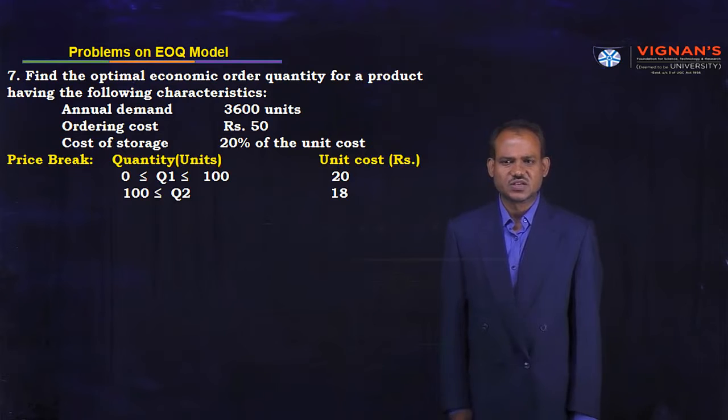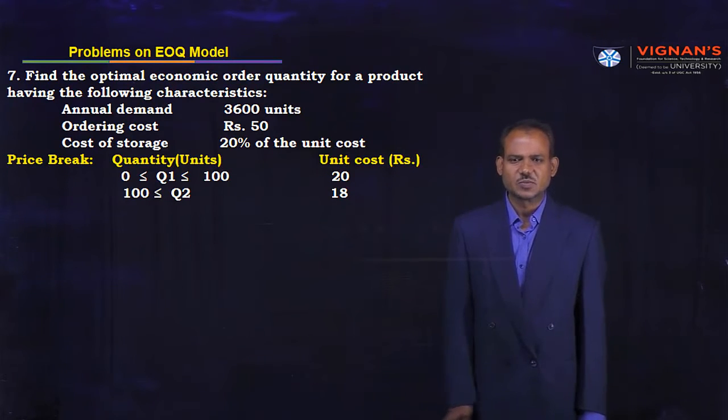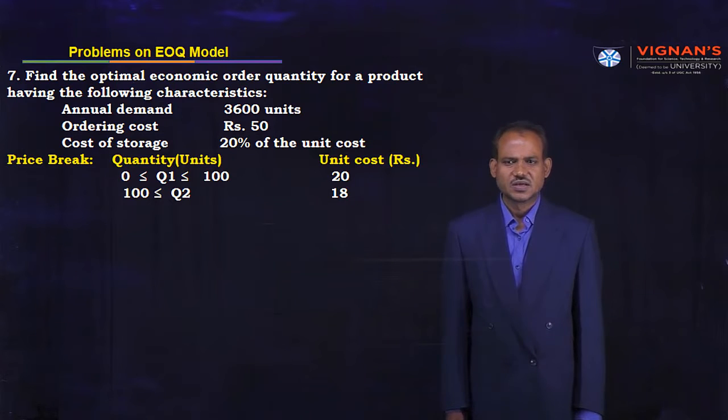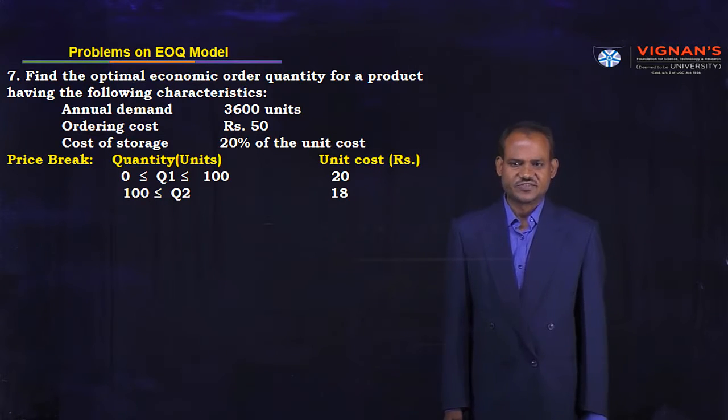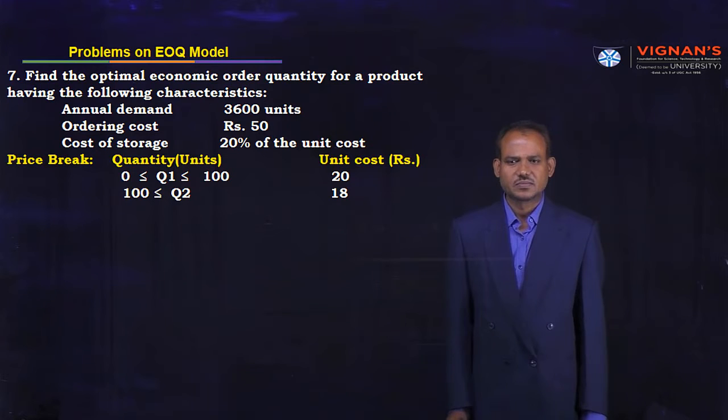Next, coming to the seventh problem. This is a problem based on price breaks. Read the given question. Find the optimum economic ordering quantity for a product having the following characteristics.